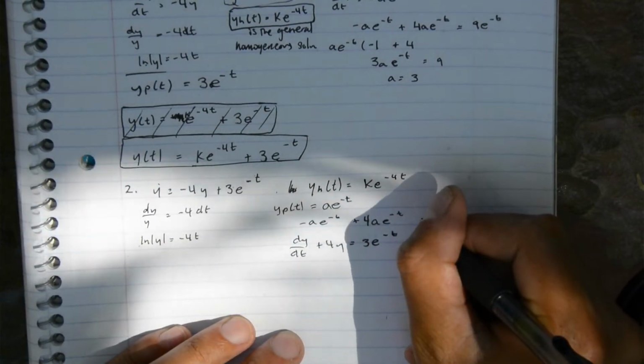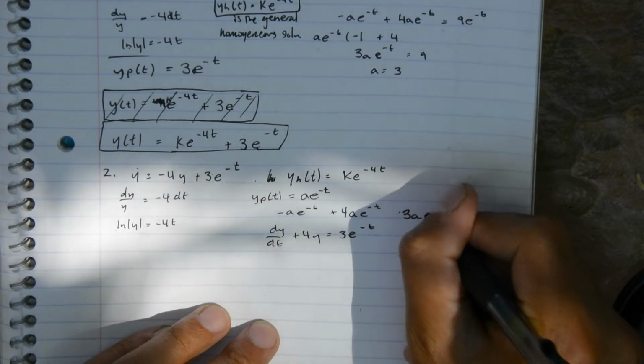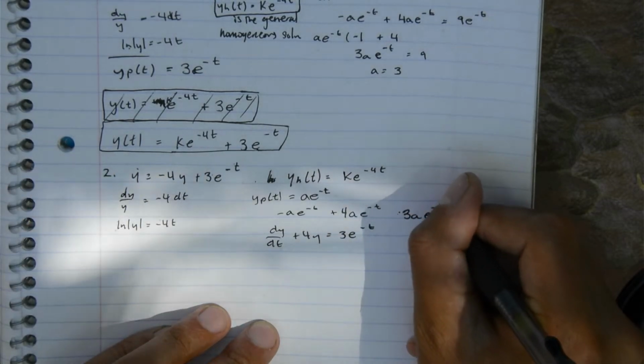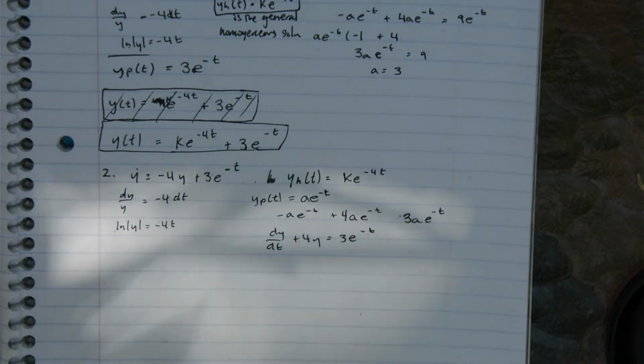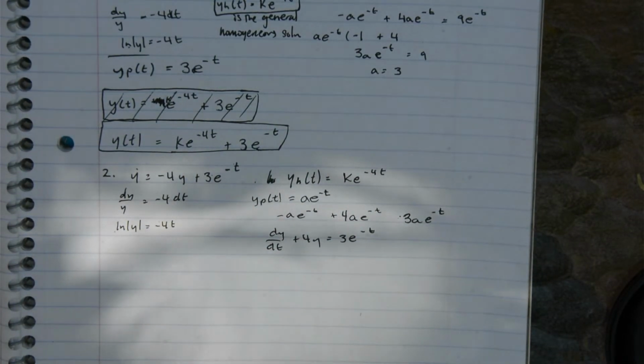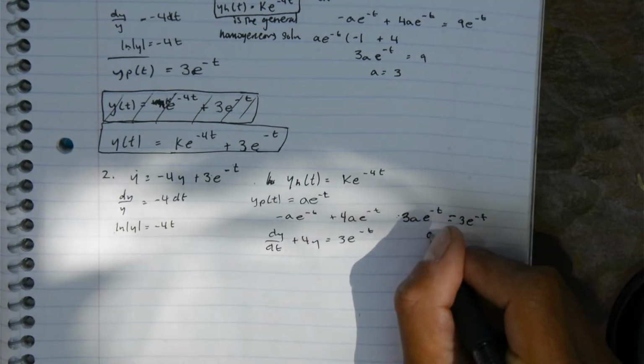So in this case, we're going to get 3a e to the minus t equals 3e to the minus t, so a equals 1.